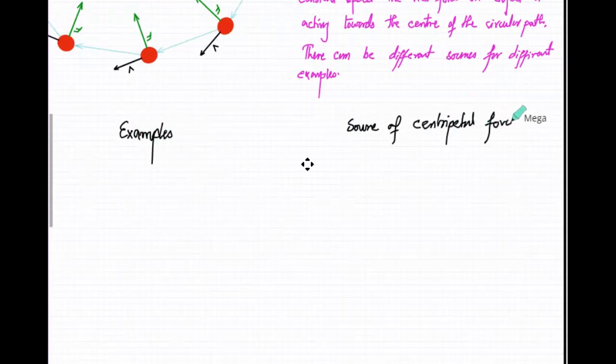Listen, this is a topic that is very hard to find a question of in the past paper. There were some questions in old years' exam papers, but recently it is very tough to find a question that is completely based on centripetal force or circular motion only.